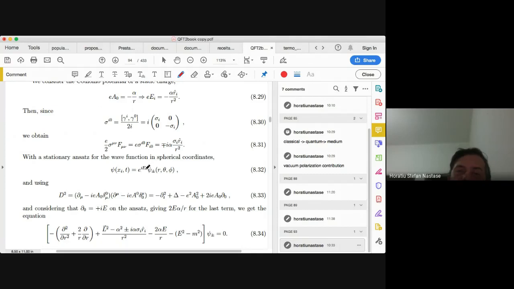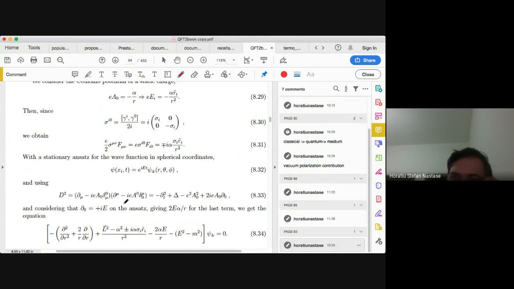I put a prefactor e to the i e t, and then I multiply with psi plus or minus, depending on the radial direction and the angular direction, and also expressing the covariant D squared in this form when we only have A0.